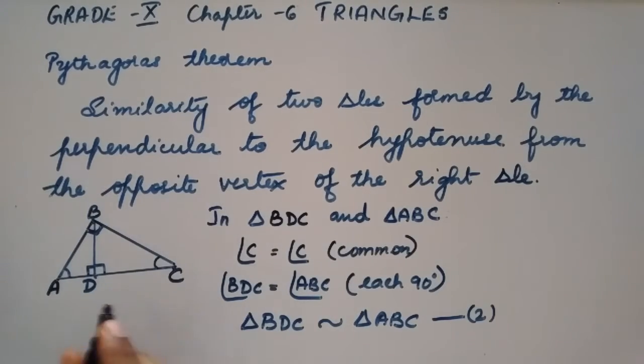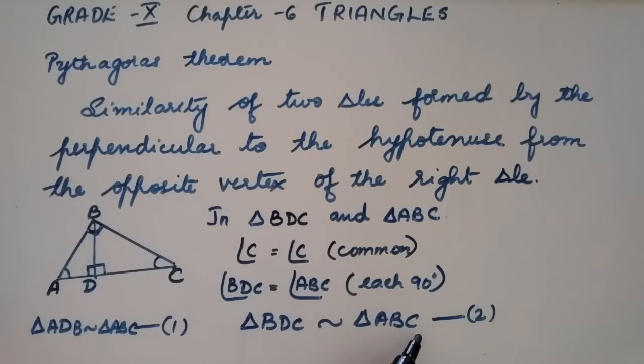So what was 1? It was triangle ADB similar to triangle ABC. Now we got triangle BDC similar to triangle ABC.